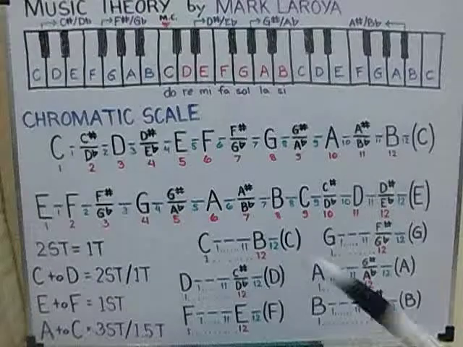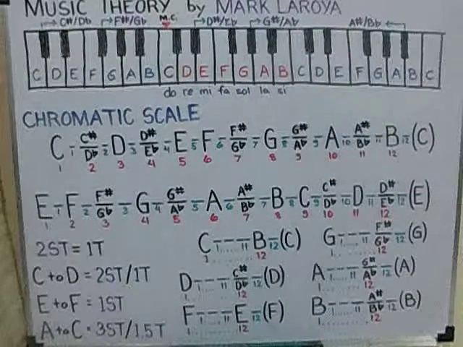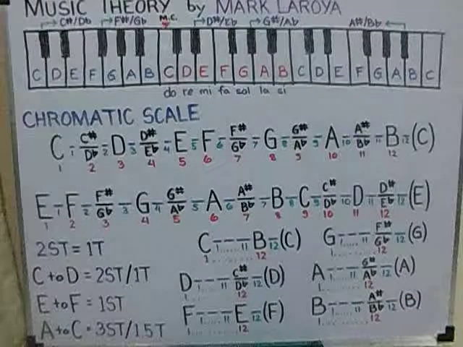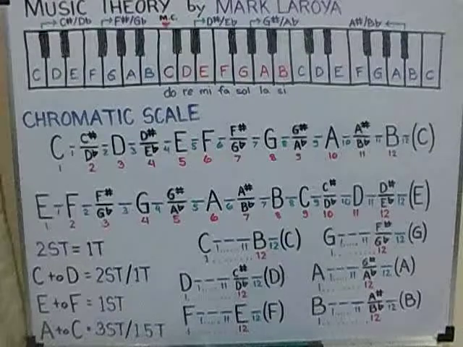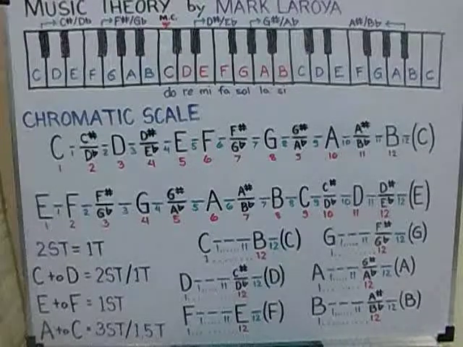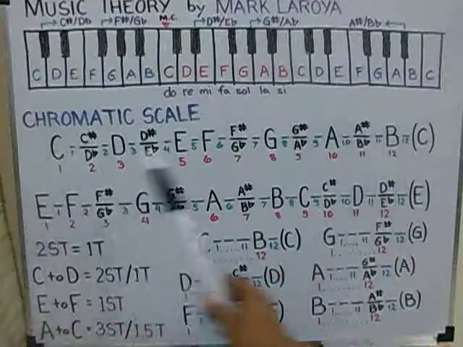Okay, now it's time for you to construct the chromatic scale for the other notes, like for D, F, G, A, B. But remember, here's a technique for you to make sure that what you are doing is right.